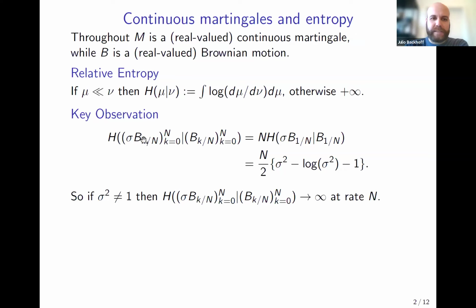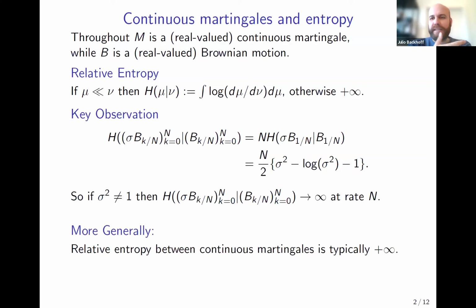So that means if your sigma is not plus or minus 1, then these relative entropies, as you refine and refine your time partition, go to infinity. Now, this is one argument why the law of sigma times Brownian motion in continuous time has infinite entropy with respect to the law of Brownian motion in continuous time.